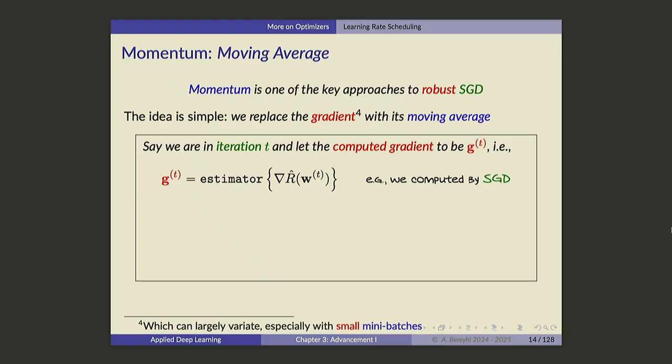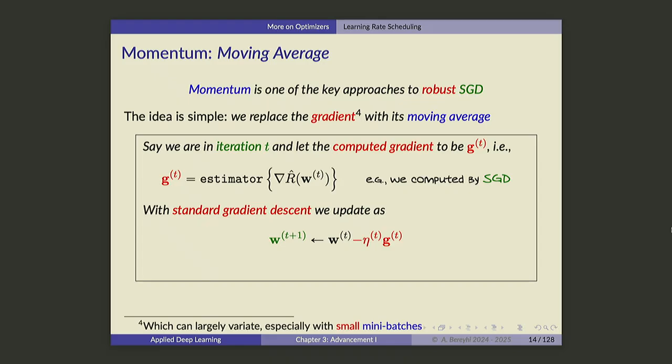So the idea says that when we are using SGD, we are basically doing an estimate of the true gradient, right? We want the true gradient, but we cannot compute it, so we just find an estimator. That is the one you compute on a mini batch, right? Now, when you want to update your weight, you just subtract the estimated gradient, right?